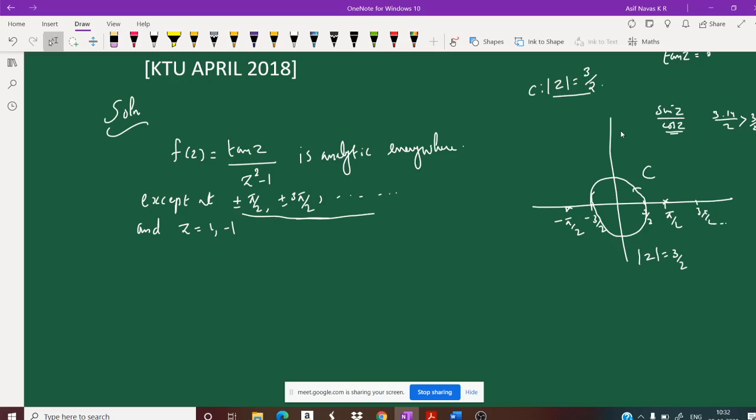So these all are outside C. And what about 1 and minus 1? Are they inside? Yes, inside.